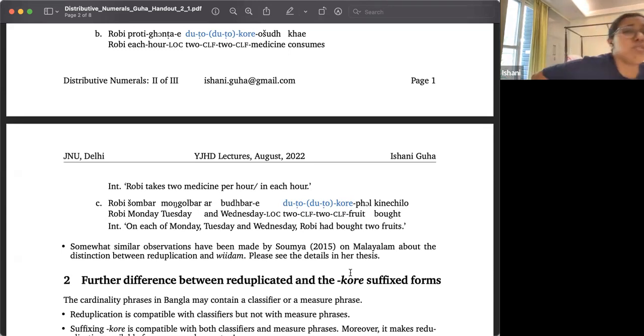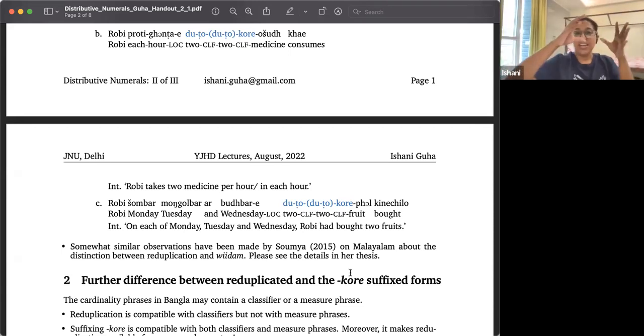Okay, so that's why, as I told you on the first day, it's really important to investigate whether you have more than one form of distributive numerals, and if there is a distributional difference between these in the interpretation, in their compatibility with various kinds of distributive readings.